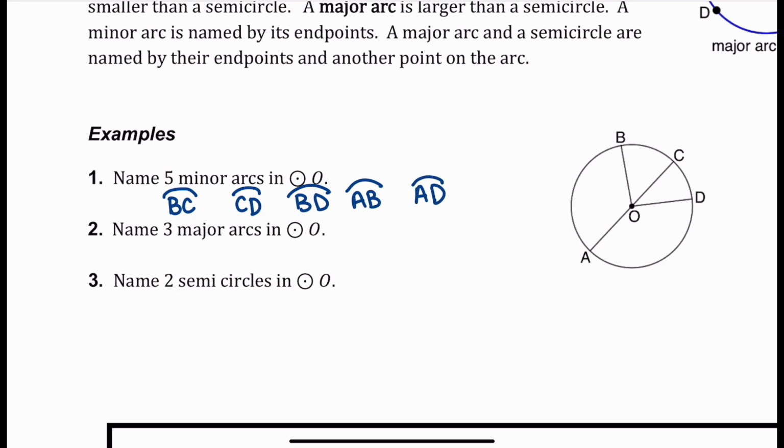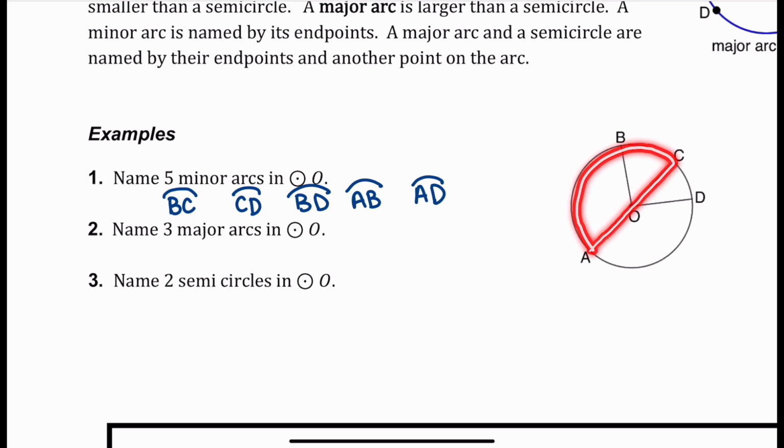Now, major arcs are bigger than a semicircle. So let's actually do number 3 and do our 2 semicircles, and then we'll do our major arcs, so we can see bigger than a semicircle. So half a circle would be here.